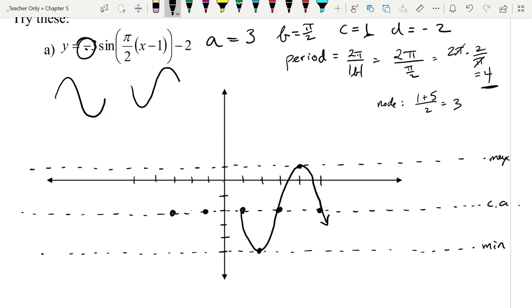And that means that it's going to hit its next crest here and its next trough here. And I could just keep counting all day. It's actually really nice when the B value has a pi in it. It makes for much easier counting. You don't have to count in fractions of pi or in groups of 15 or 30 degrees or whatever.